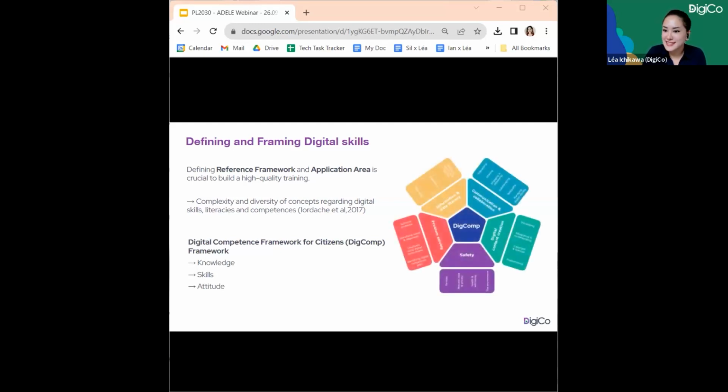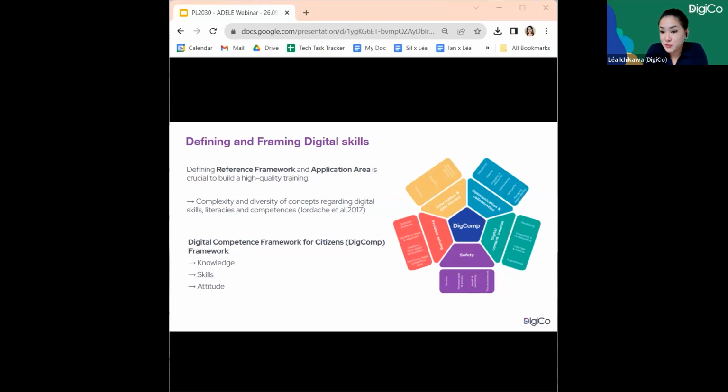DigiComp, and I'll show you this really nice graphic. As Luca mentioned, and I will go quite briefly, it looks at digital skills through 5 areas of knowledge, of application. Of course, there are some skills that might overlap amongst those areas, but as you see, there's information and data literacy, communication, digital content creation, safety, and problem solving.